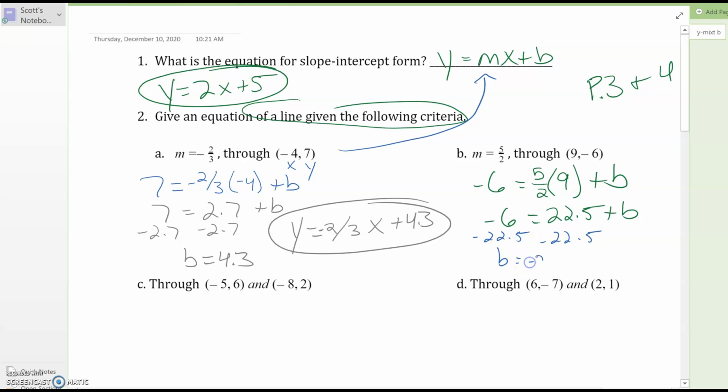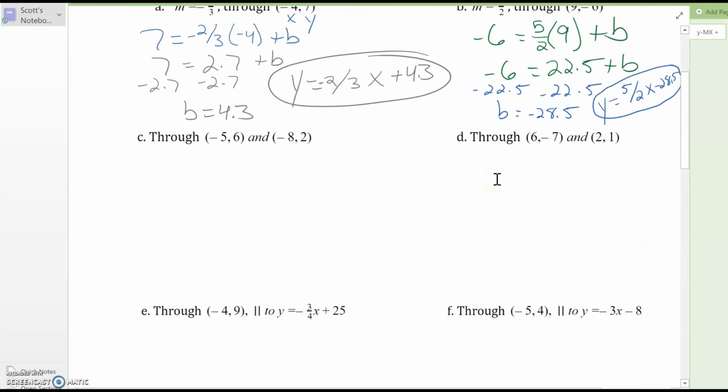B equals negative 28.5. Guys, use your calculators. So I'd have y equals 5 over 2x minus 28.5. But exactly like letter A here.